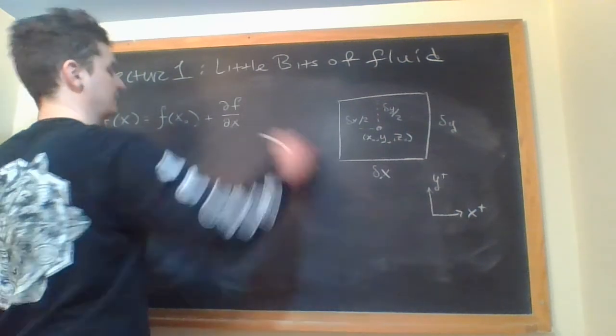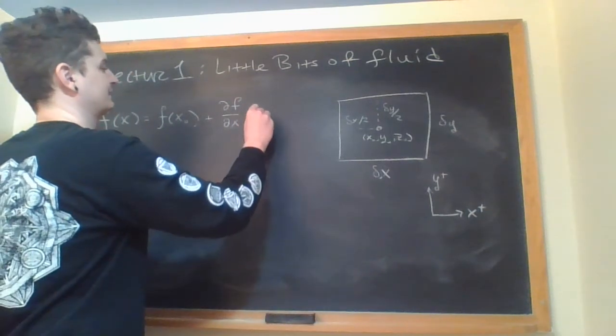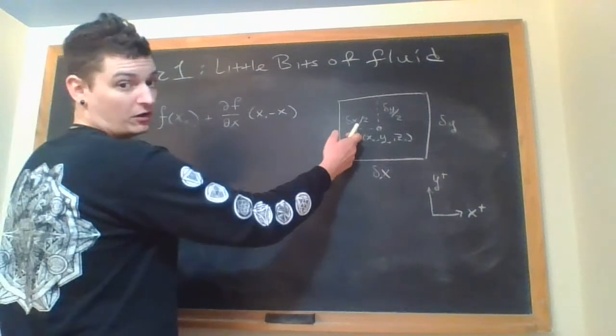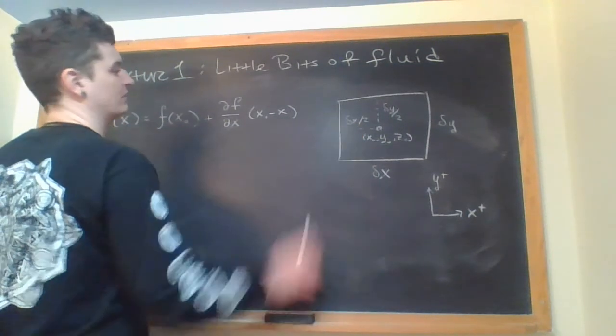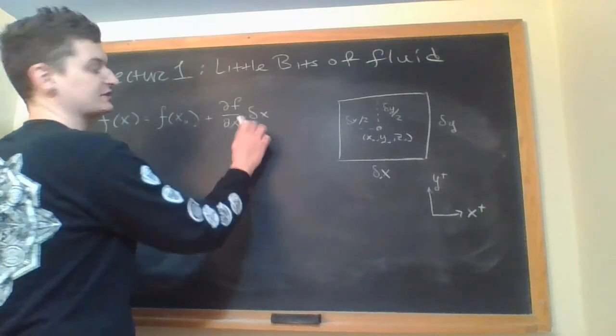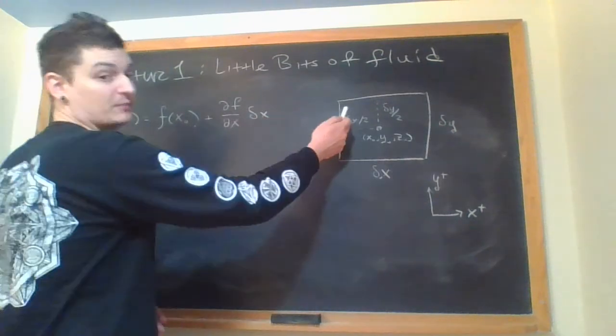If you really look at this, this is really going to be x naught minus x. But since it's such a small value, you can just keep the notation like this, where this is just some small distance away from x.